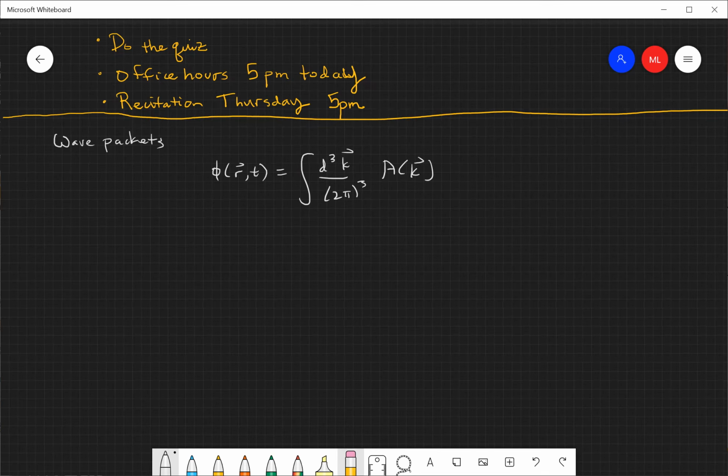And then you stick in the stationary solution here. So this would be the stationary solution, which would include the incoming plane wave and the outgoing spherical wave.